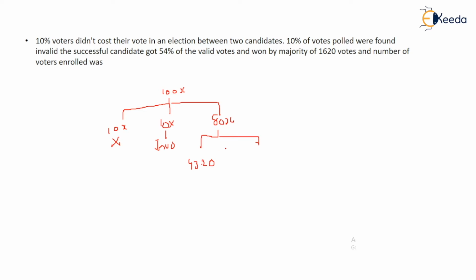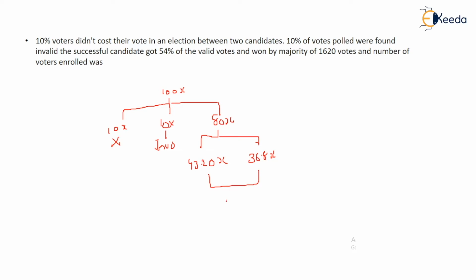And the other candidate got how much then? You have to simply minus this 43.20 from that, which means the other candidate got 36.80x. And won by a majority of how much? 1620 votes.